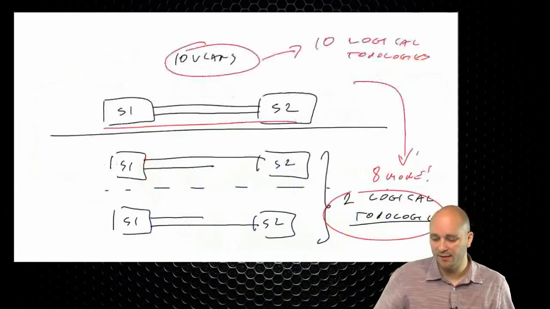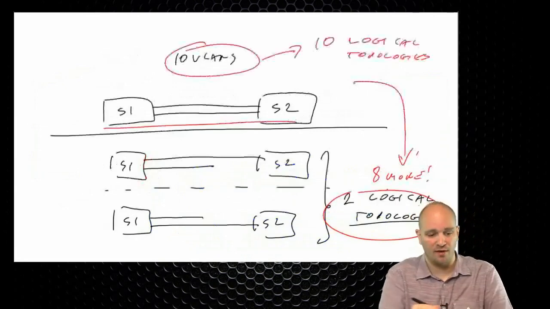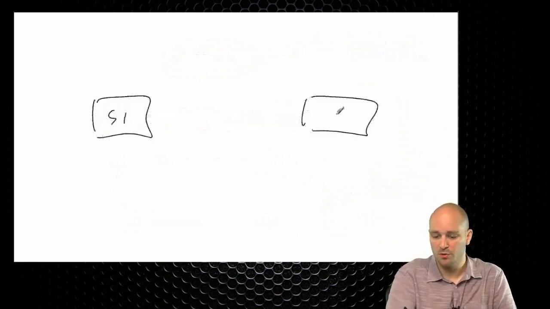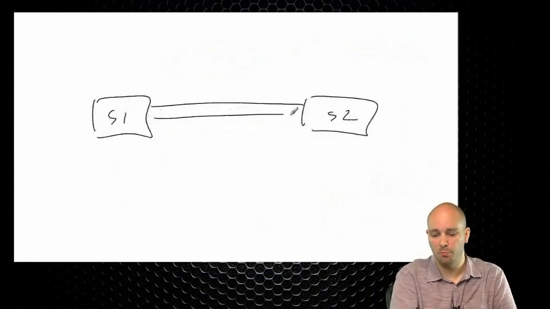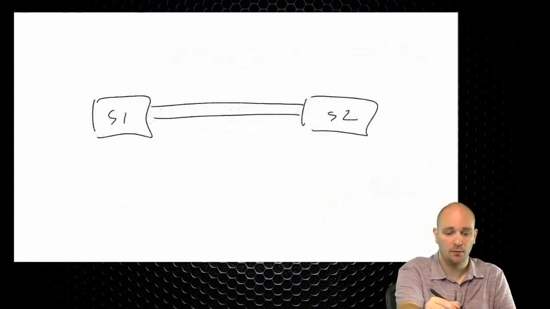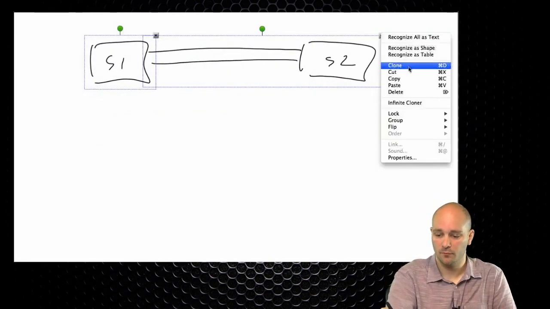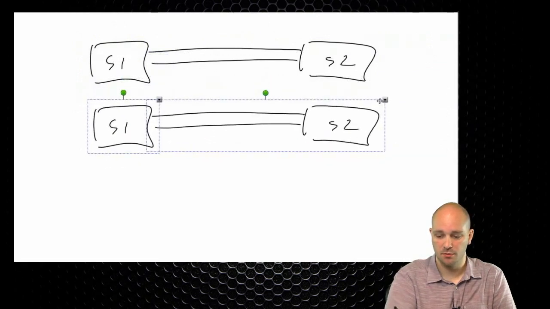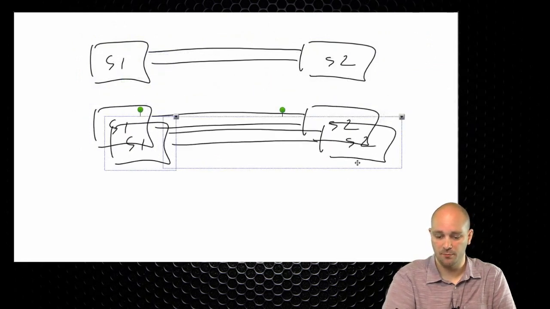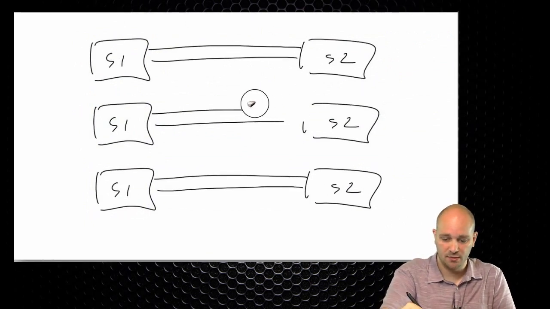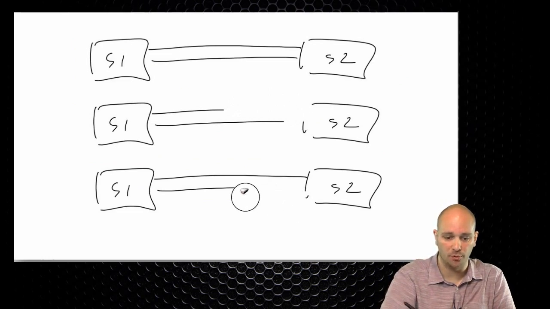So if we take a look at this problem with the eyes of MST, let's say switch 1, switch 2, again, we have two possible topologies, right? Let me just clone this once, clone this a second time, there we go. So one possible instance is this, and the other possible instance is this, one possible logical topology, right?